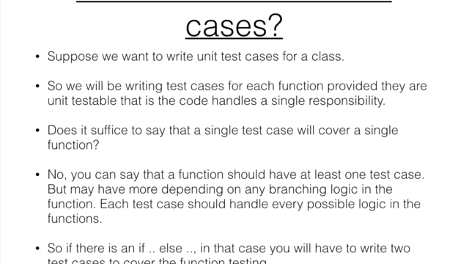Every branching logic, like let's say you have a switch case, every switch has a different logic, so you have to write three test cases for that function. Okay, makes sense. So you can say for a single function you have to write at least one test case. It can be more than one test case for that function, but at least one.